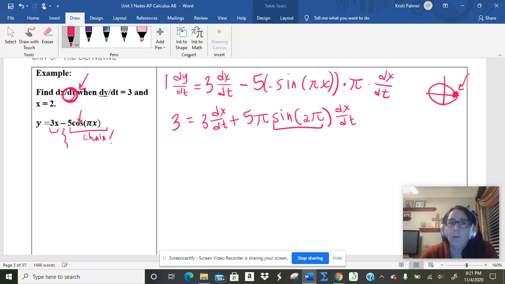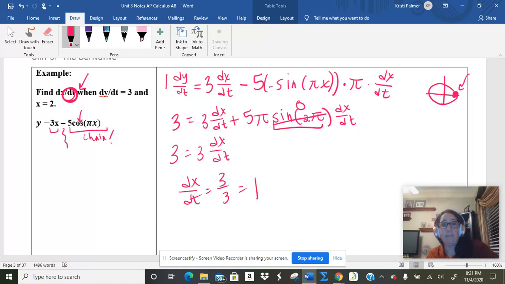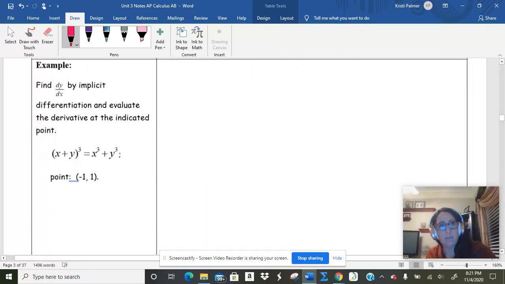So what is sine of 2 pi? 0. All of that term goes away. So what is dx dt now? 3 divided by 3, which is 1. That was convenient.